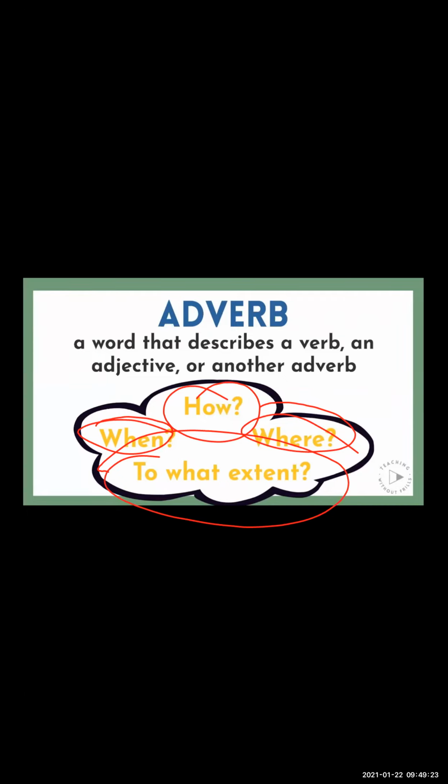Read the sentence and try to ask these questions: how the action happened, when the action happened, where it happened, and to what extent that action is happening. If you ask this type of question, you will get the answer, and this is the adverb in the sentence.